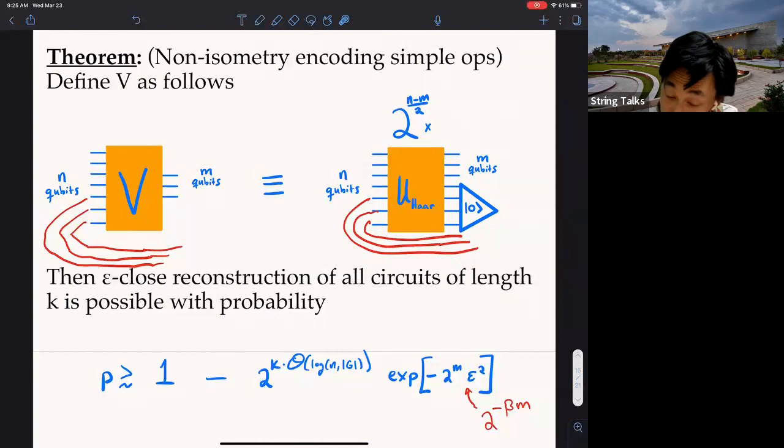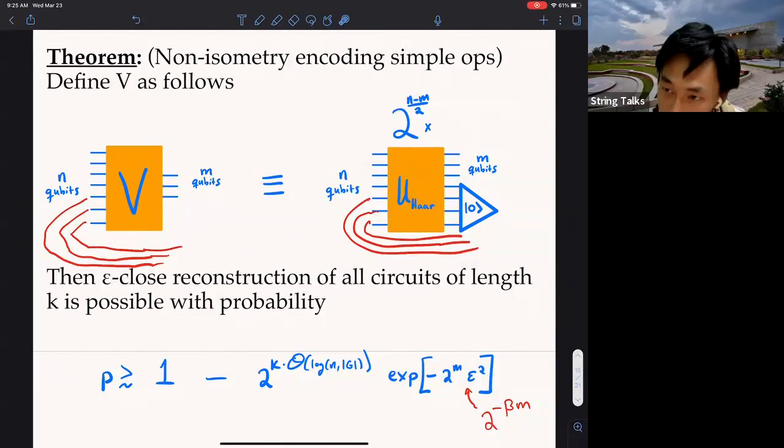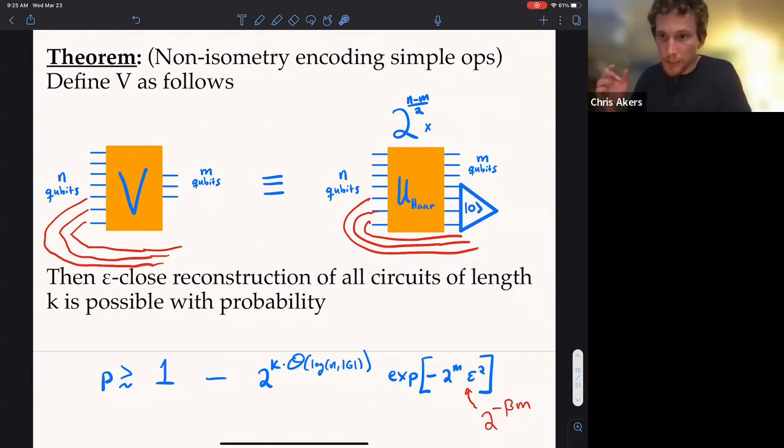But there's no explicit coupling here. So in what sense is it teleportation? In teleportation, all you need is to start with a Bell pair. Then Alice does a Bell basis measurement on her side. That measurement is replaced here by this post-selection.